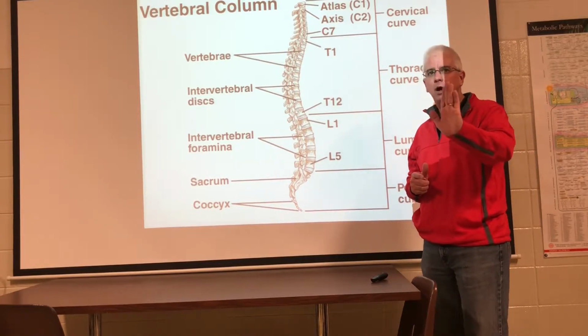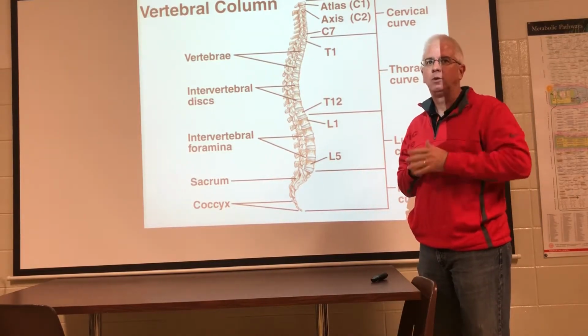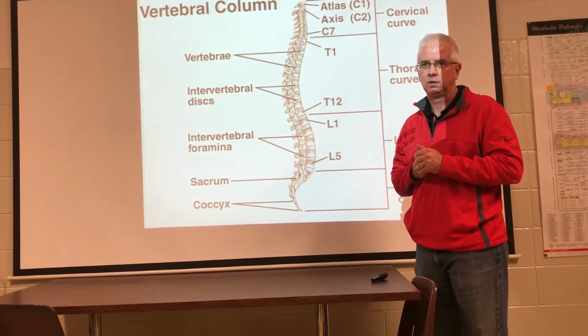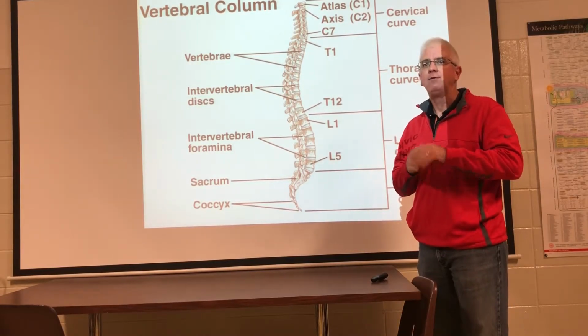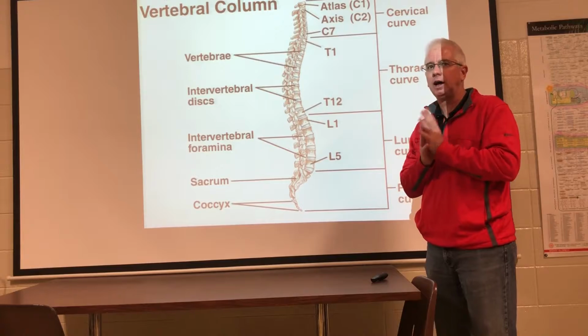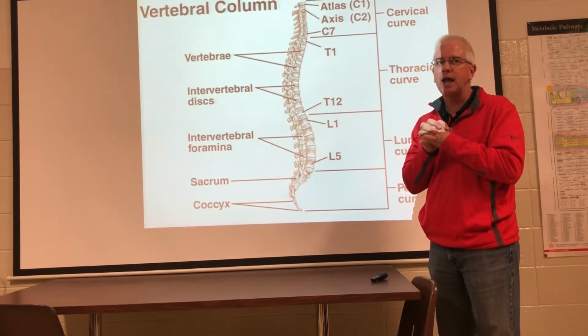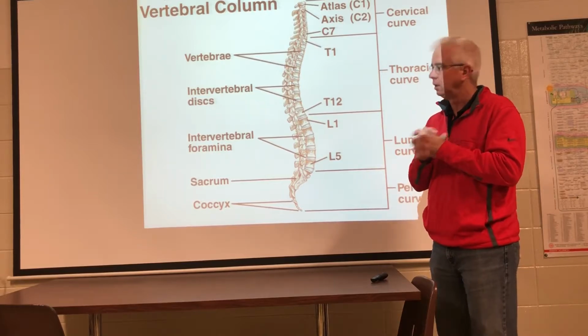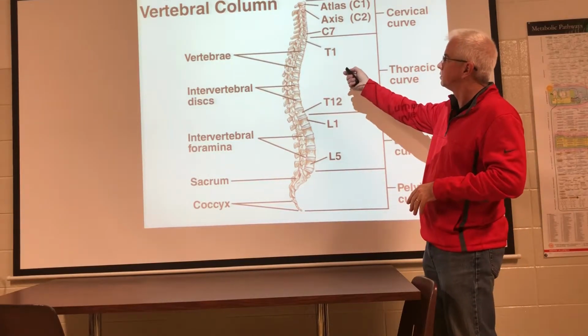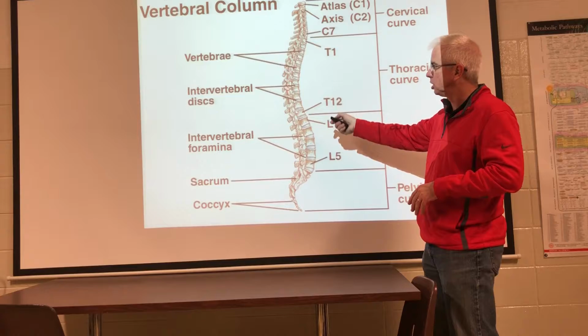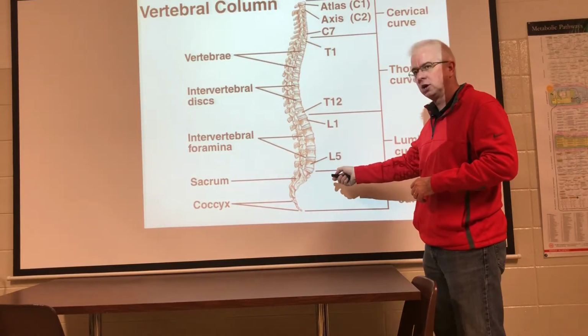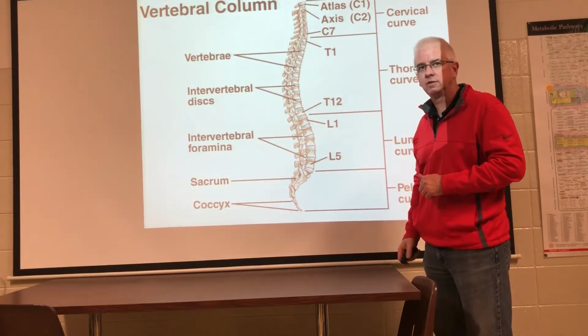If you look at the vertebral column posteriorly and there's a bend in it, we call that scoliosis, a lateral bend. If you look at the vertebral column from the lateral side, there are natural curves here. There's an anterior curve in the cervical region, a posterior curve in the thoracic, an anterior curve in the lumbar, and a posterior curve in the sacral.